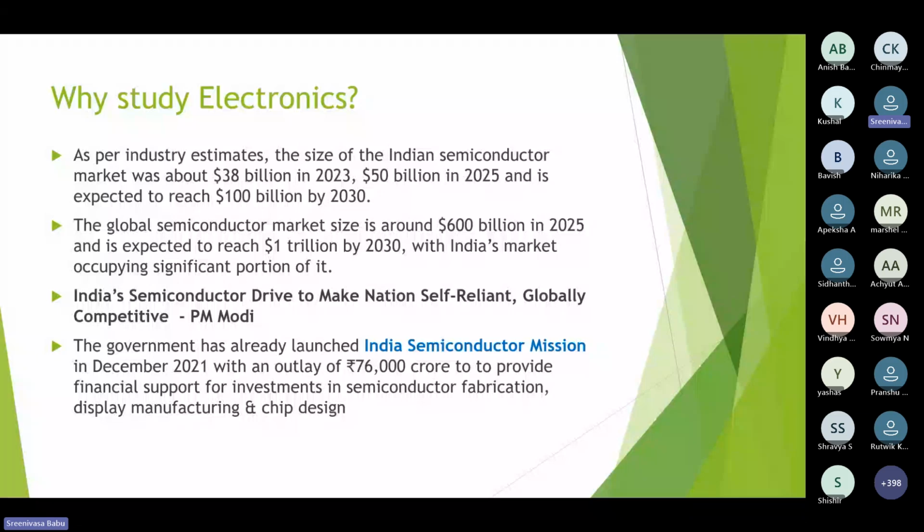I'll tell you why. Because India has launched the Indian Semiconductor Mission, ISM in short. I'll repeat, India launched the India Semiconductor Mission in December 2021 with an outlay of 76,000 crore rupees.